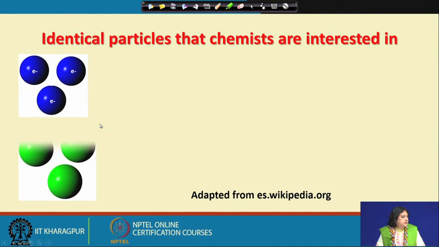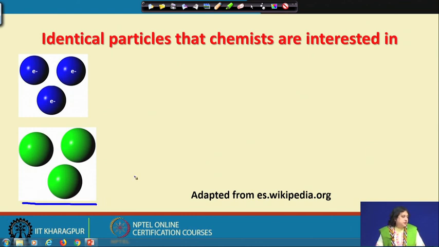It may so happen that the system that the chemist is interacting with is comprised not only of electrons, but basically of a set of atoms. For example, this is a typical microscopic picture of a cluster of 3 argon atoms.